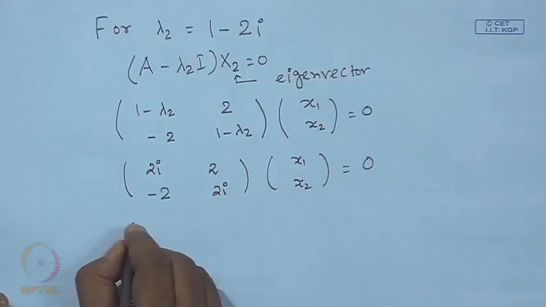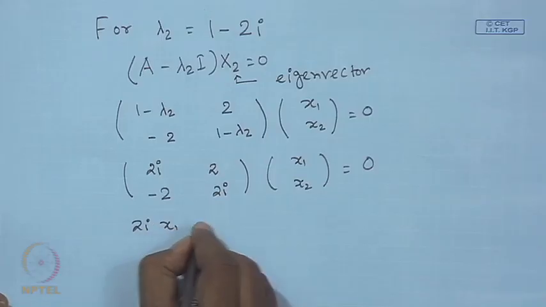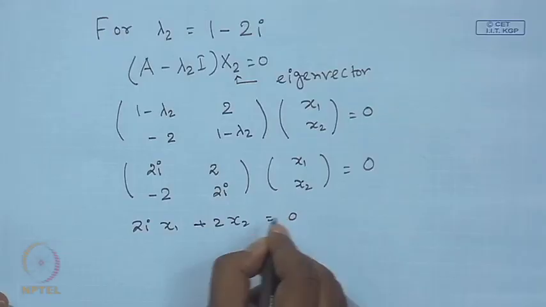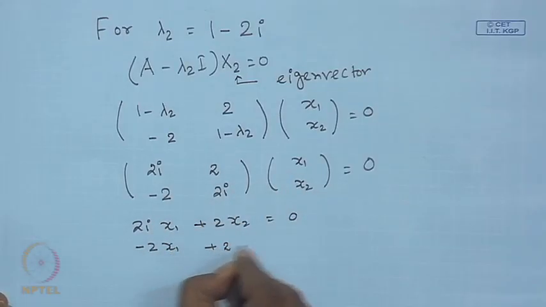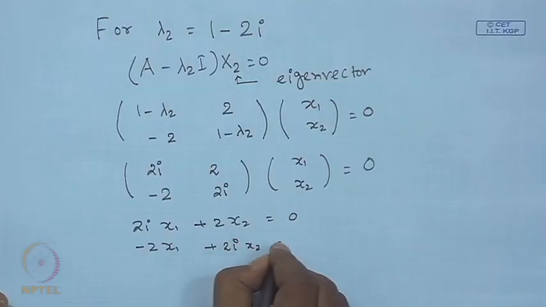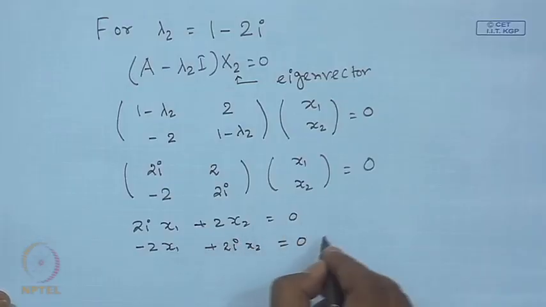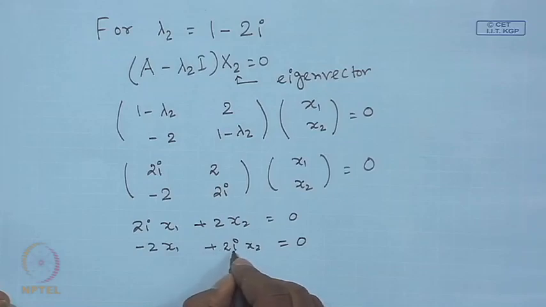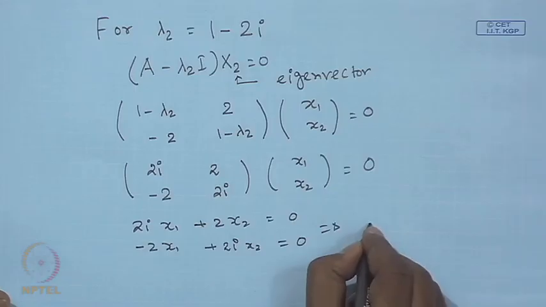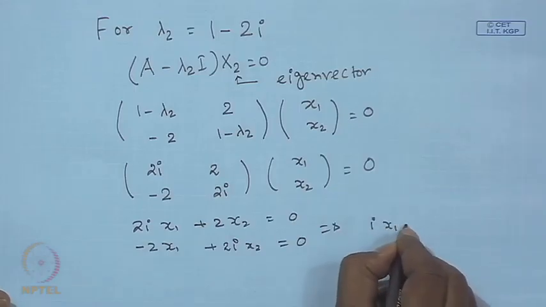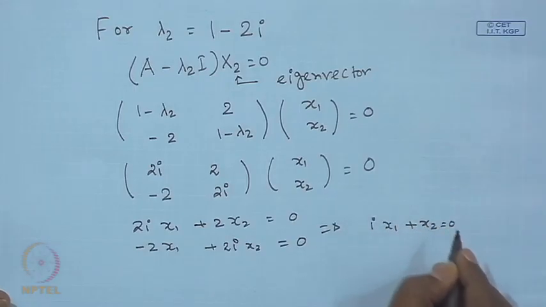So, the first equation will be 2 I x 1 plus 2 x 2 is equal to 0, and minus 2 x 1 plus 2 I x 2 is equal to 0. Again both are identical, because if you multiply this equation by I, you will be getting back the other one. So, you will be getting finally I x 1 plus x 2 is equal to 0.